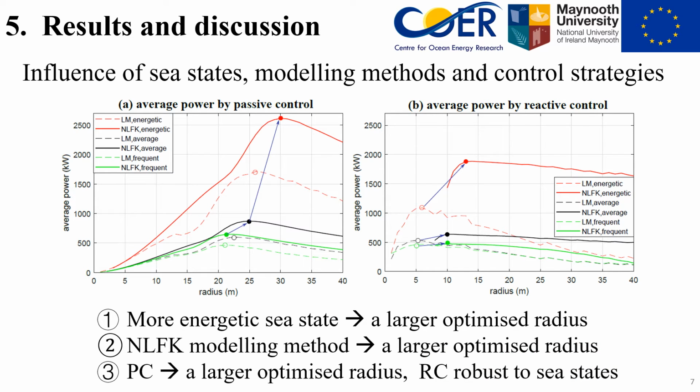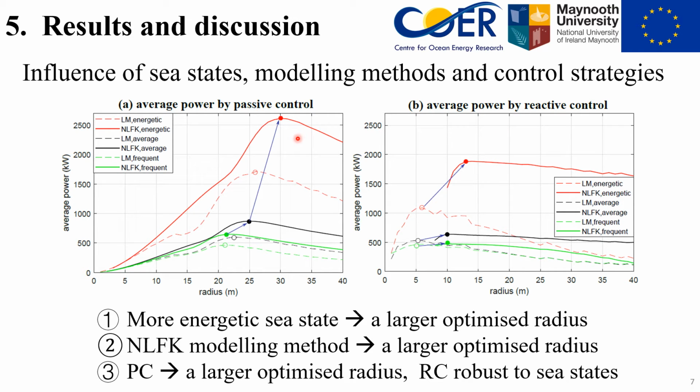A parametric study of radius in a wide range is conducted to get an overview of performance criteria. The influence of sea states and modeling methods is given here. In Figure A, passive control is used. In Figure B, reactive control is used.